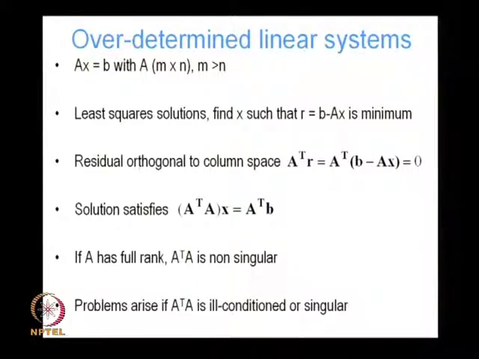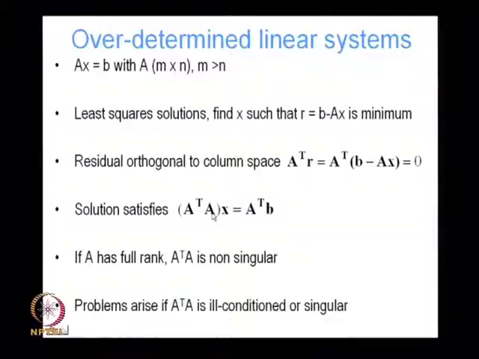A. And the solution also satisfies this relationship, A transpose A x is equal to A transpose b. And if A has full rank, we found last time that A transpose A is always going to have full rank too, that is A transpose A is also always going to have a positive determinant, it is going to be non-singular.